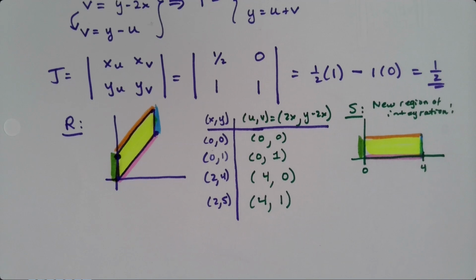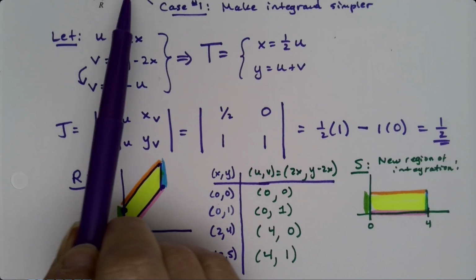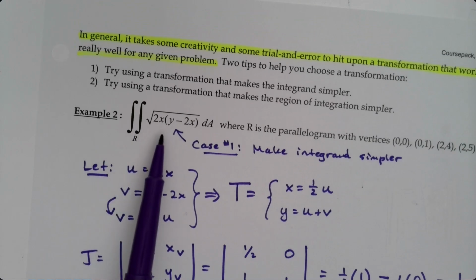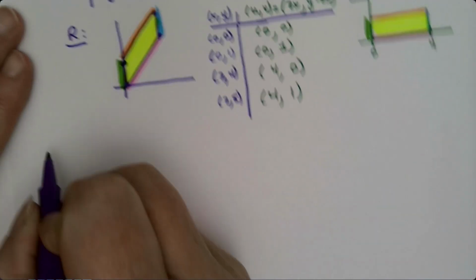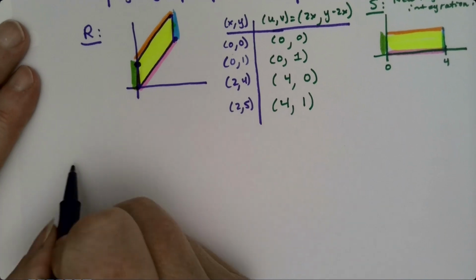Now we haven't done the calculus bit yet, so we still have to do that. So we have to take our original integration up here, and we're going to transform it. So the original integral, here, let me do it with a different color.